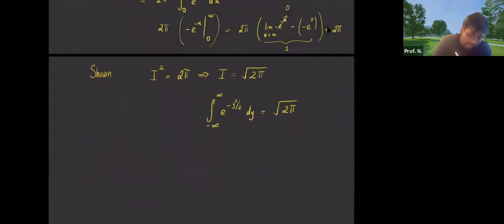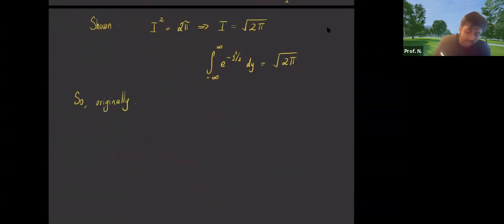Okay, so let me just play that forward. Originally, what do we have? We had the integral of 1 over the square root of 2 pi sigma, negative infinity to infinity, of e to the negative y squared over 2 dy. And remember, this was already from a, so let me rewrite this as x minus mu squared over 2 sigma squared dx.